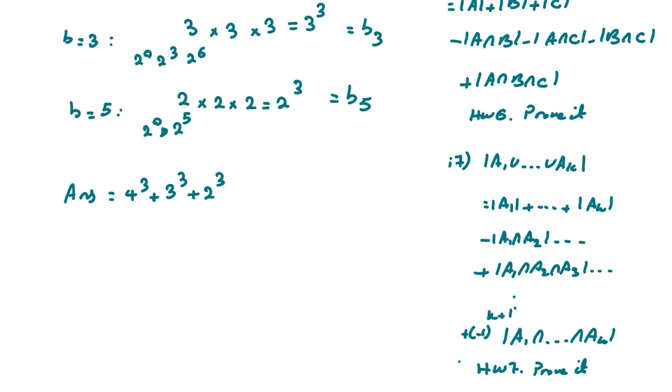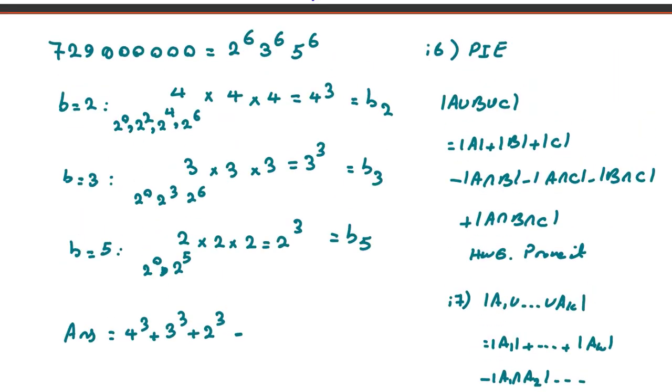Okay. Now let's work on the answer. It is 4 cubed plus 2 cubed plus 3 cubed minus intersections. Let's consider B2, B3. B2 intersect B3: I mean the cases that we have in common.